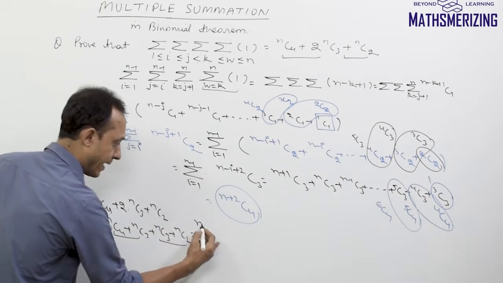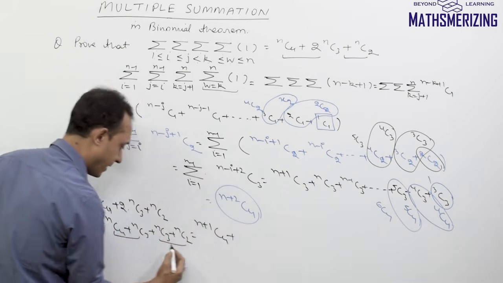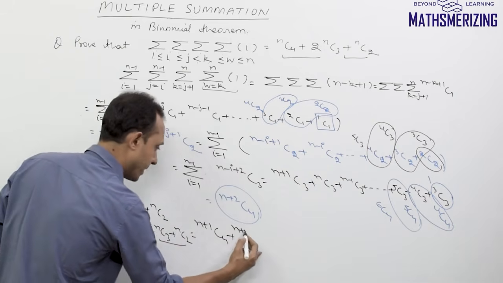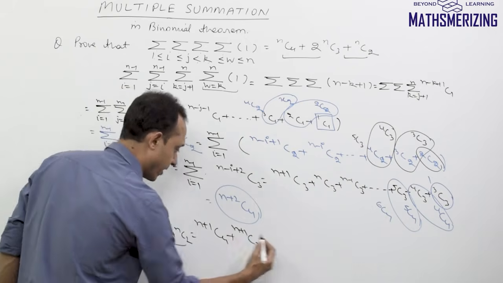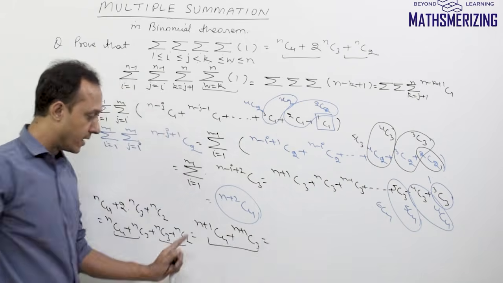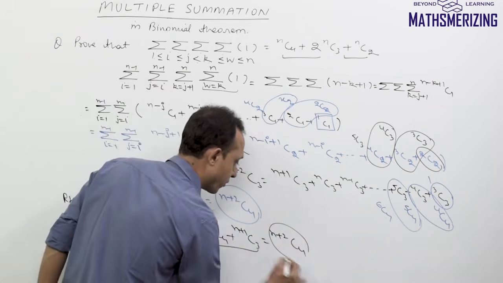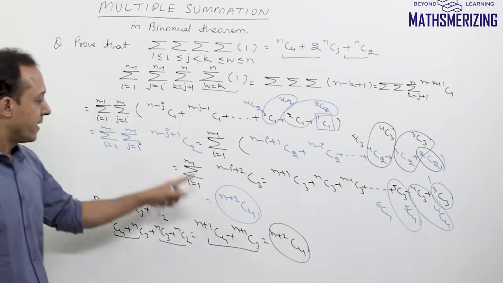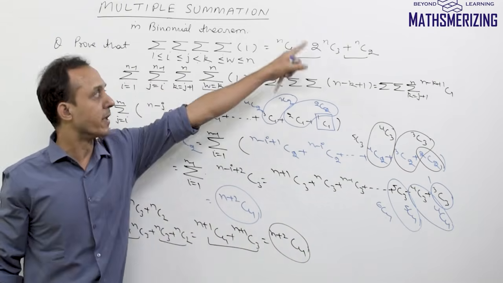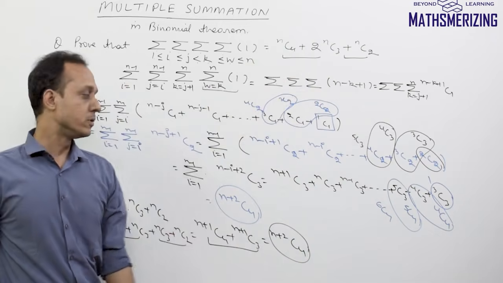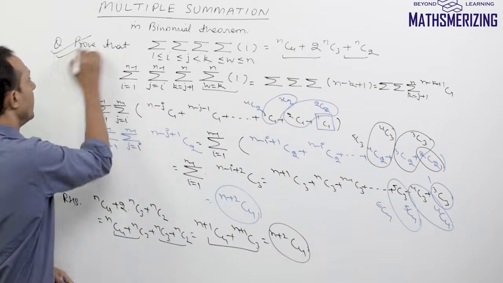So I'll write (n+1)C4, and here will be (n+1)C3. Now here again n is same and r differs by 1. So there'll be (n+2)C4. So the series on the left hand side is (n+2)C4, and the series on the right hand side is also (n+2)C4. So this is how we prove this given result.